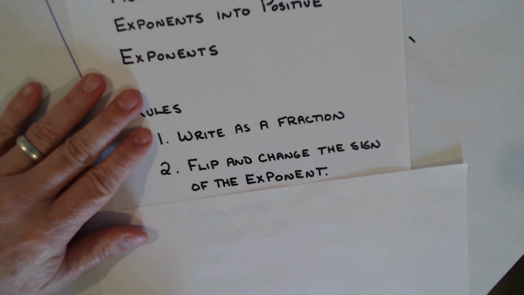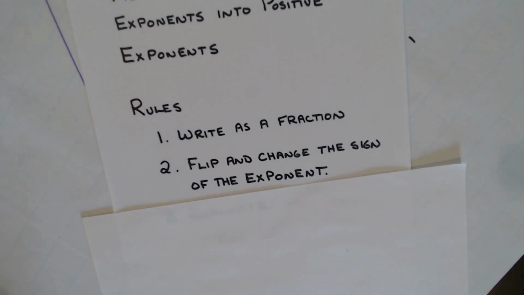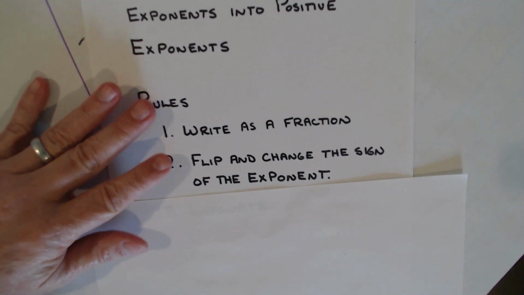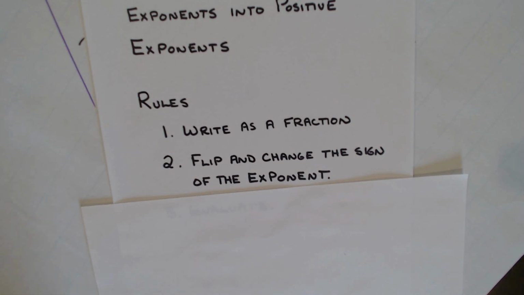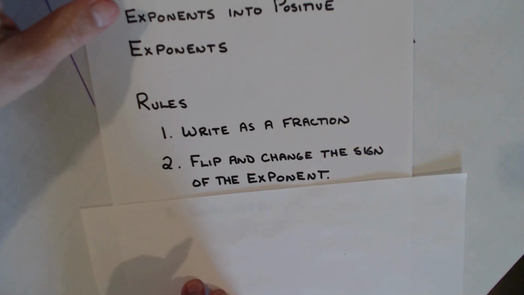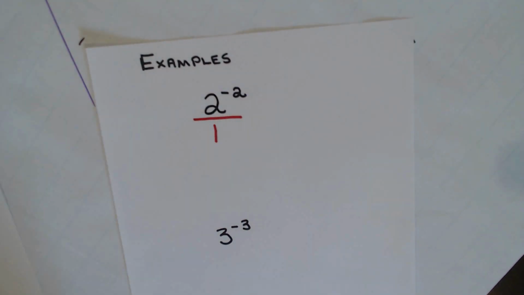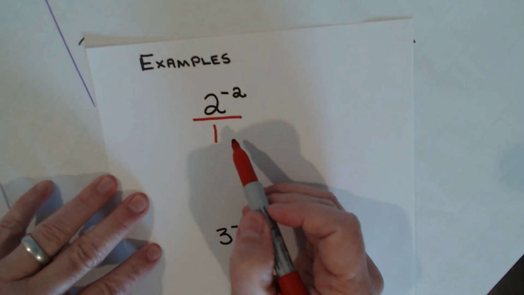Rule number 2, flip it and change the sign of the exponent. Flip the fraction and change the sign of only the exponent. Let me say that again: change the sign of only the exponent. So let's do that for our example here. We've got it written as a fraction.